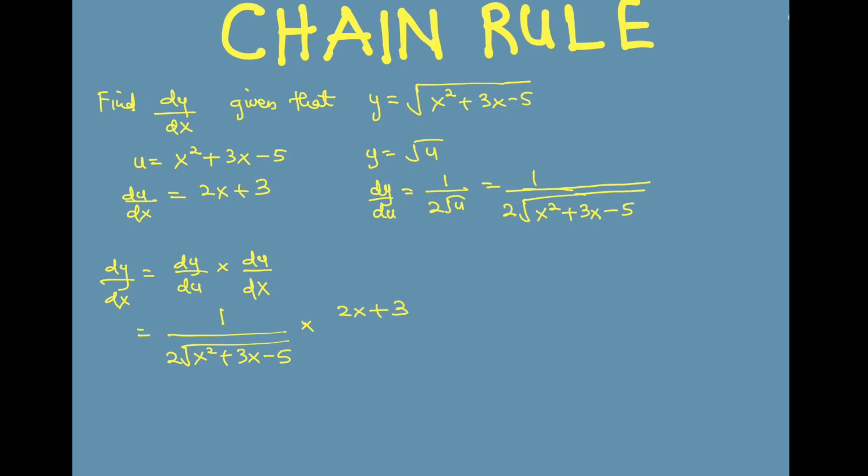And this simplifies to get dy over dx equals 2x plus 3 all over 2 square root of x squared plus 3x minus 5.